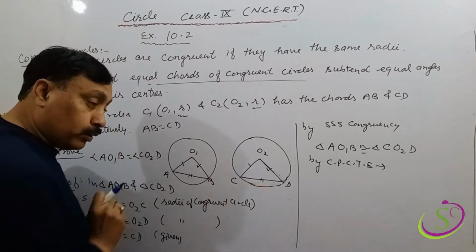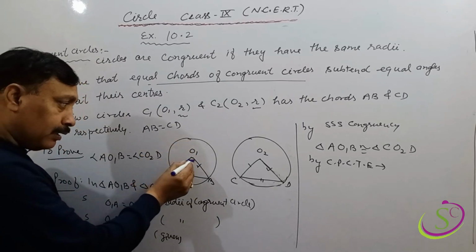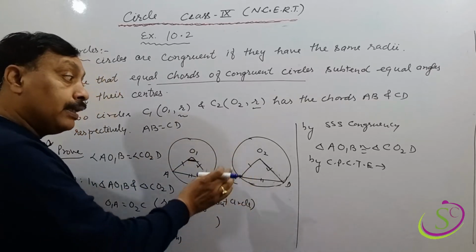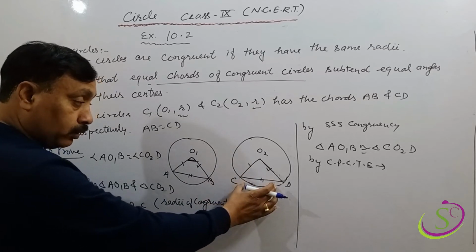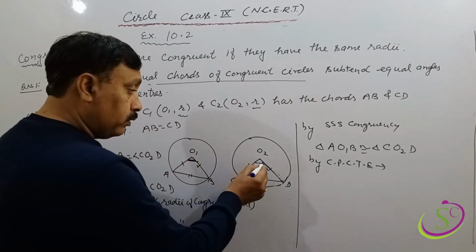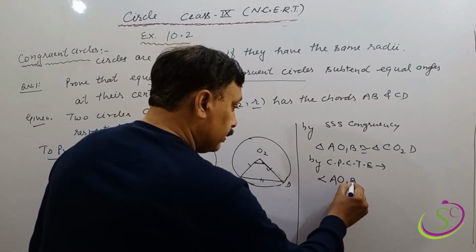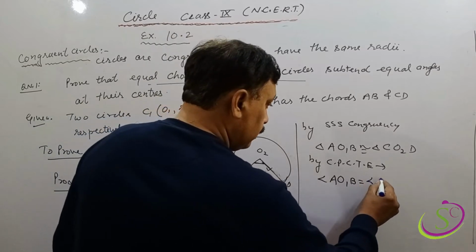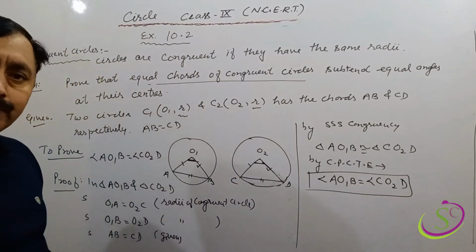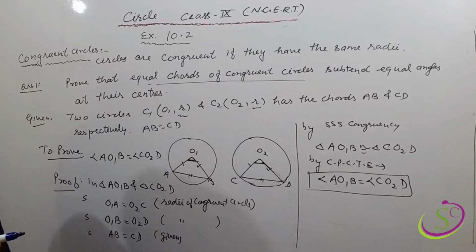Here AB and CD both are equal, so the angle opposite to side AB is corresponding to the angle opposite to side CD. So angle AO1B equal होगा एंगल CO2D. It is proved. Okay, so you can revise and you will understand this properly.